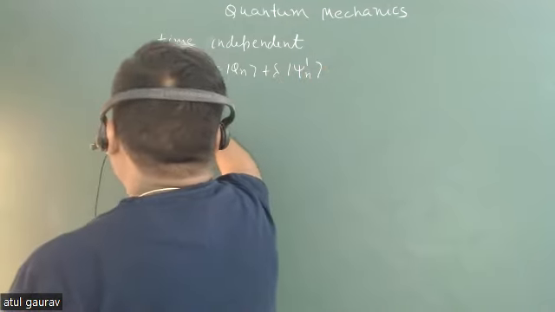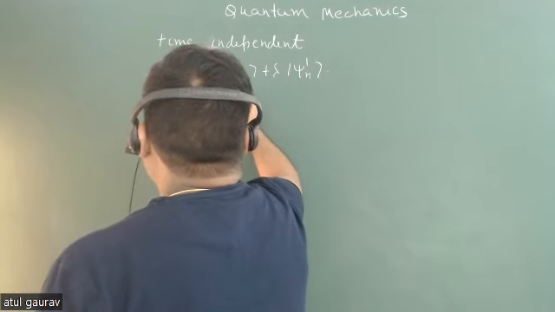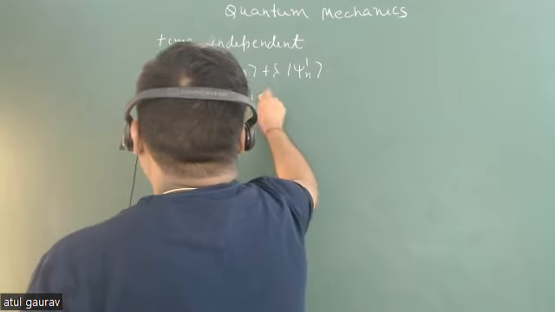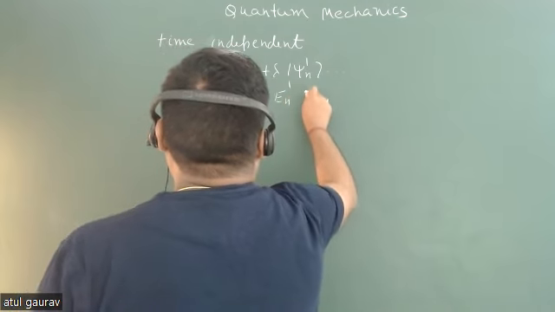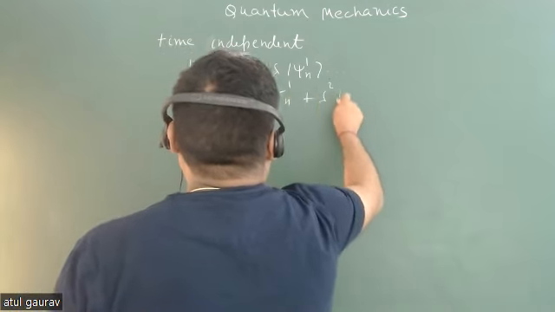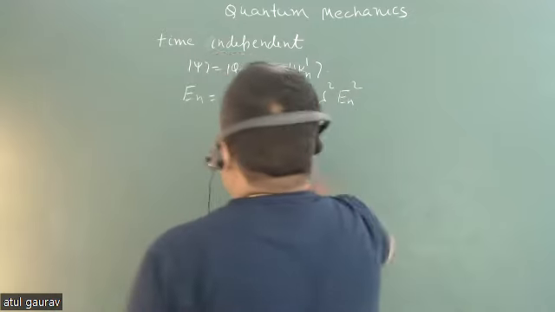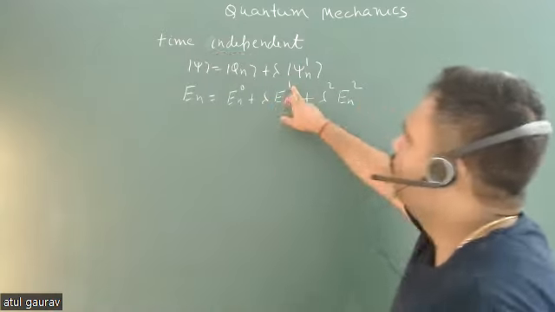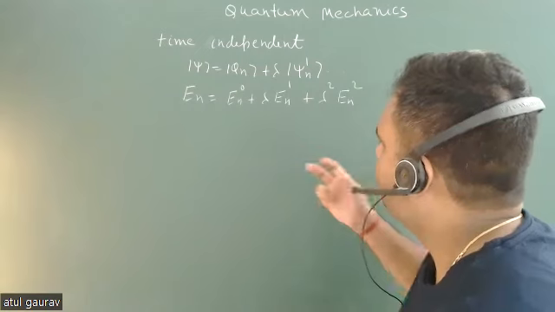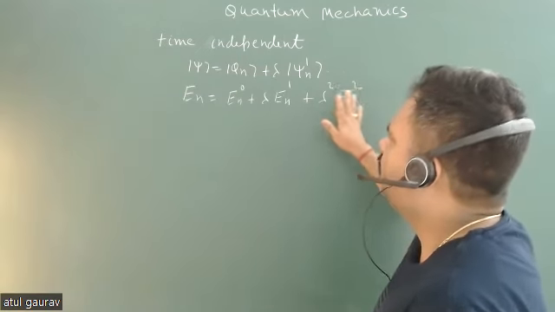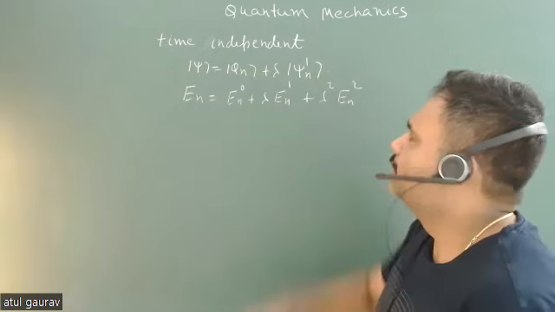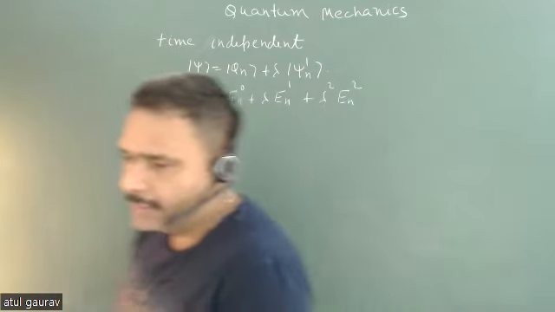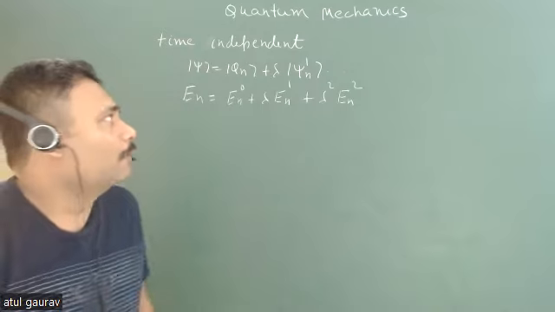And similarly, you have En is equal to En0 plus lambda En1 plus lambda square En2. And we all know that En1 is the first order energy correction, En2 is the second order energy correction, and psi n1 is the wave function correction up to order of lambda.